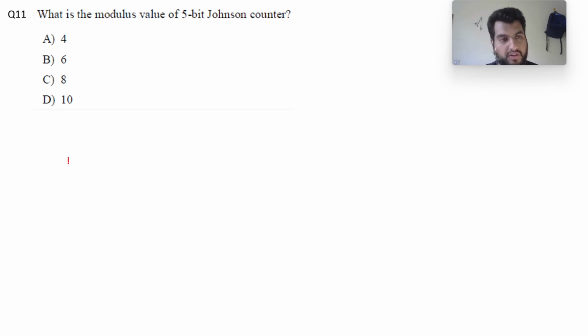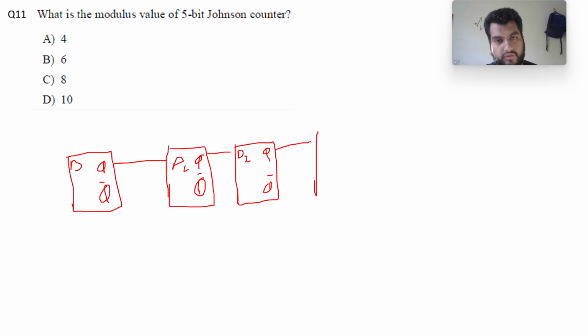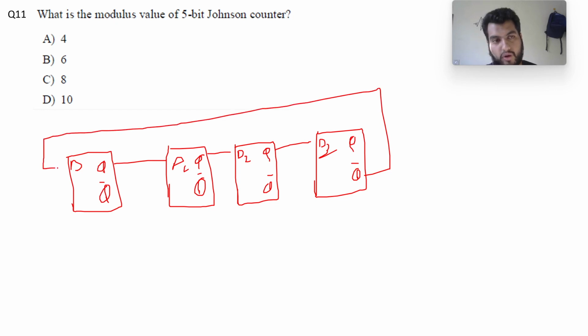For our Johnson counter, the structure is somewhat like this. We have this D flip-flop, we have Q, we have this Q complement. This D is connected to the input of another flip-flop, D1, Q complement, D2, Q complement, and D3, Q complement, and the complement of the output of the last flip-flop is connected to the input of the first flip-flop.